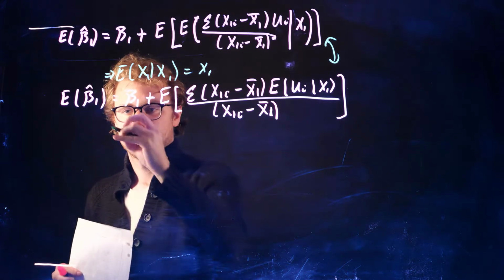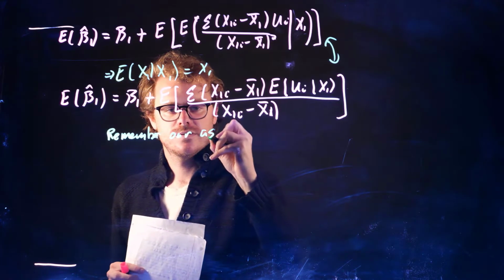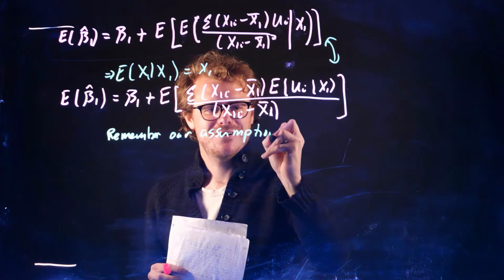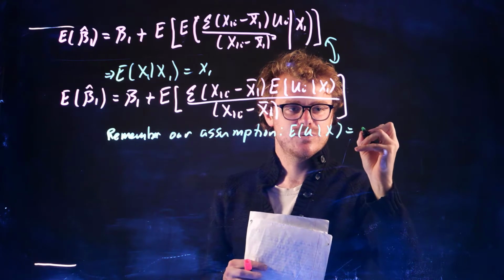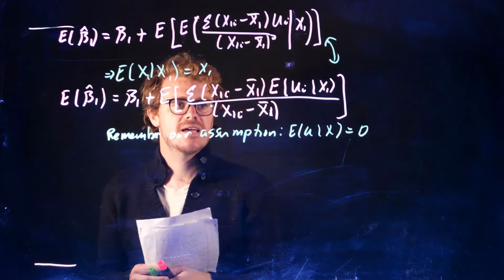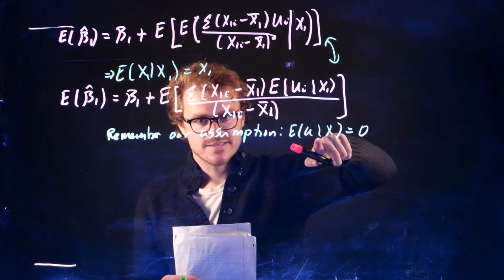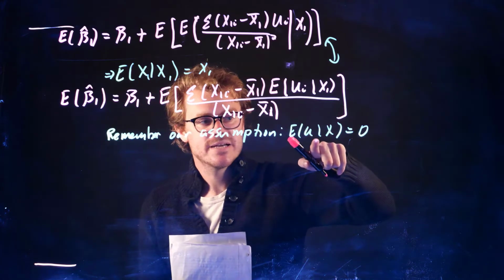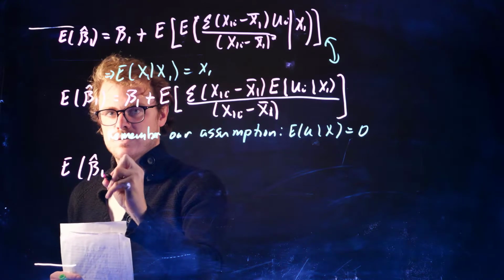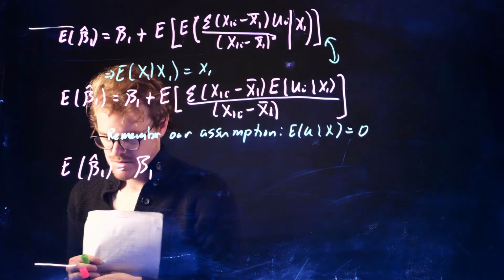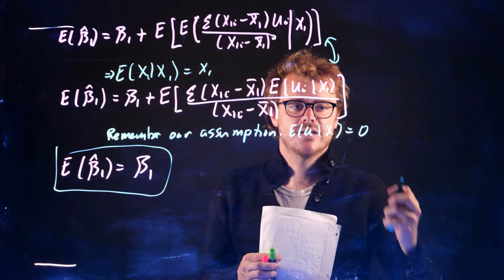Let's use this. Remember our assumption. I forget what number it is, I just wrote it down. The expectation of u given x equals 0, right? We made that assumption at the beginning, which means this equals 0, which means this whole term goes away as long as this is true. So this is a big, big assumption. So maybe I'll try to make that clear.